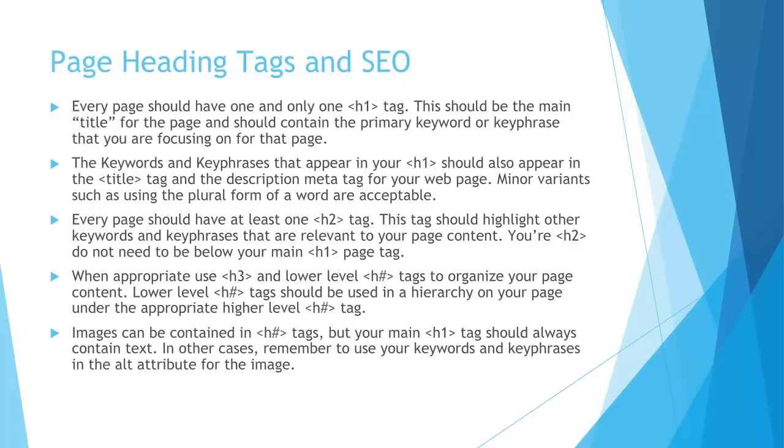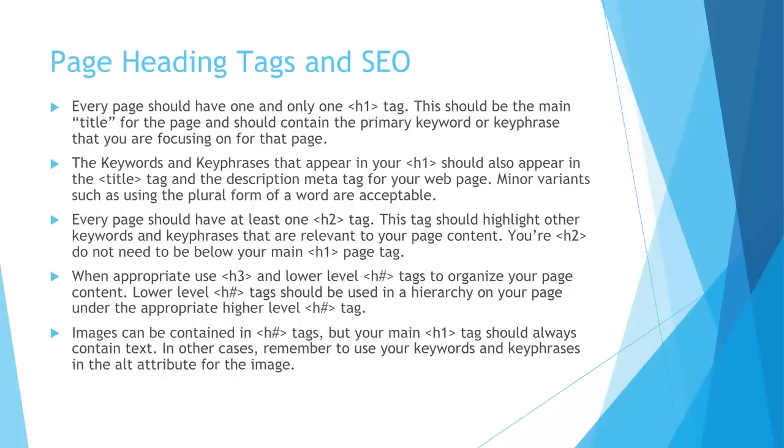However, for SEO purposes, really the only three levels that matter are going to be the H1 tag, H2, and H3 tag. Search engines tend to really discount the value of H4, 5, and 6 tags. The reason for that is a lot of times people use those lower level H tags to do unusual things on your web page.